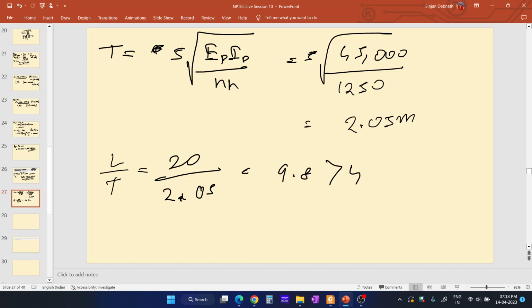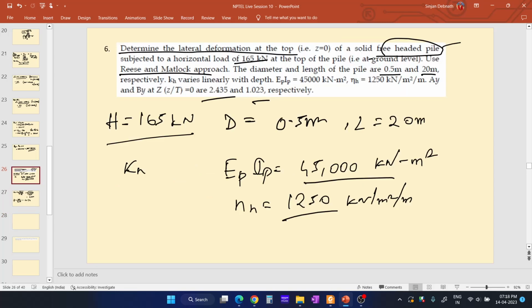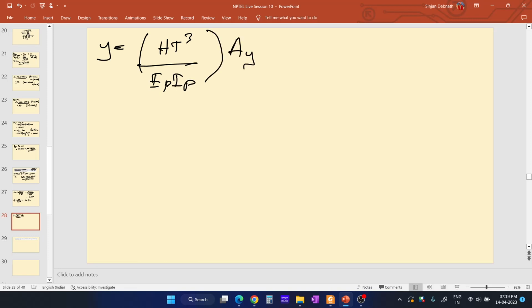And for free-headed pile, since we have been asked to determine the lateral deformation at the top, that is at z equal to 0, first of all, let me write down the equation. Y equals H T cube divided by EpIp times AY, where AY at z equal to 0 is at the top.